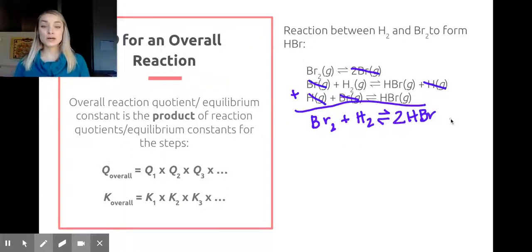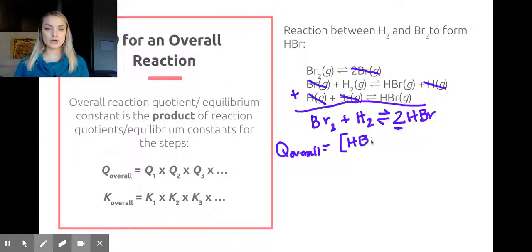All right, so that means that we can now write our reaction quotient for the overall reaction. Remember, our reaction quotient, in this case it's going to be Q overall, is equal to our products to their coefficient power. So HBr to the second power divided by the concentration of each of our reactants to their coefficient powers.